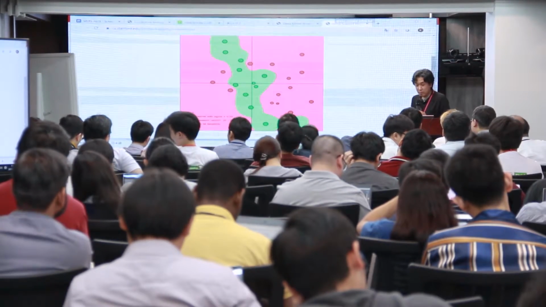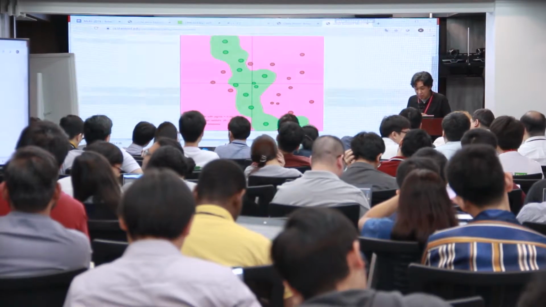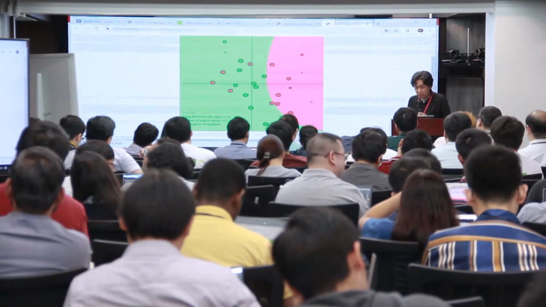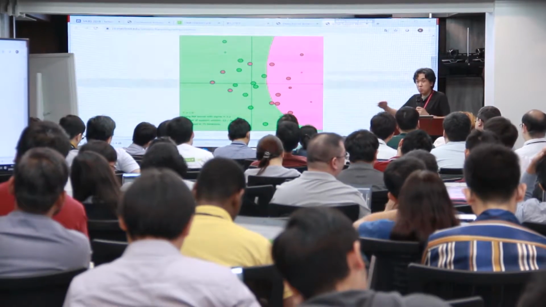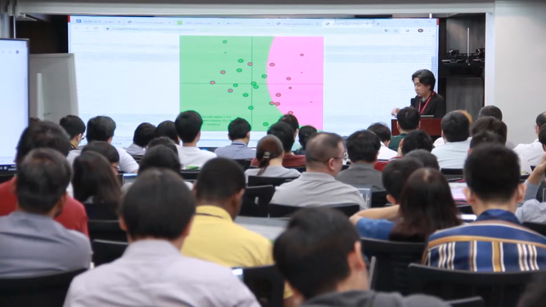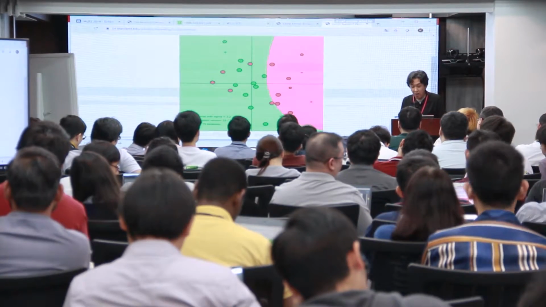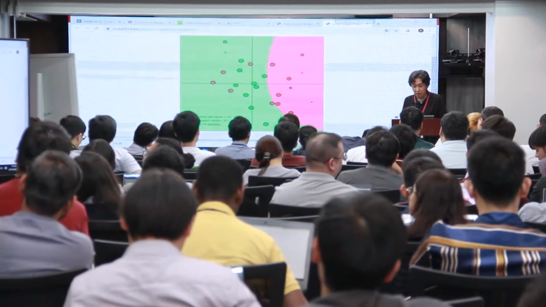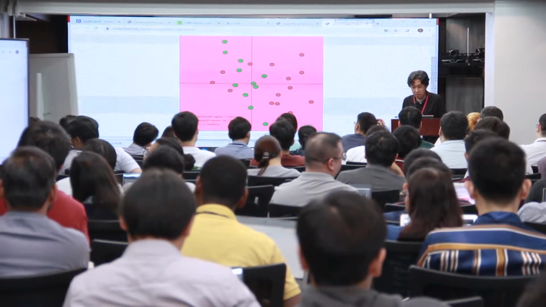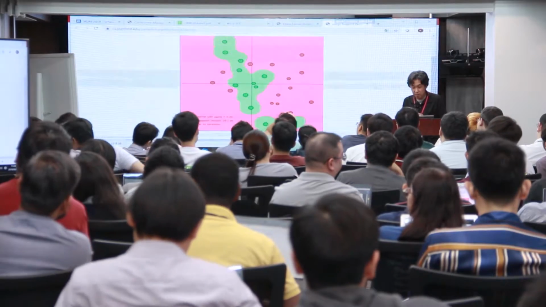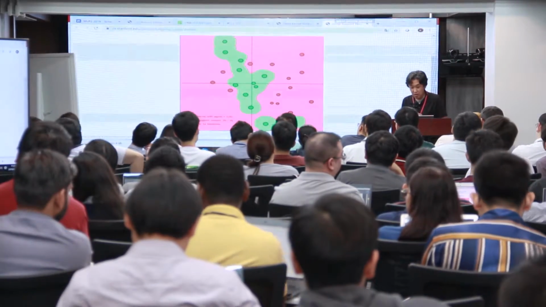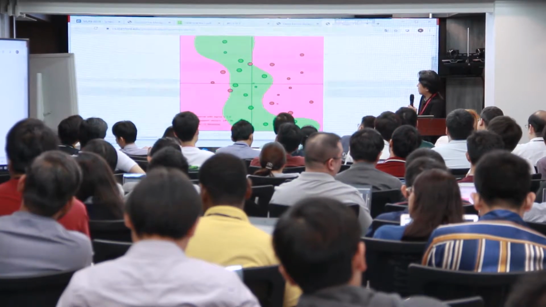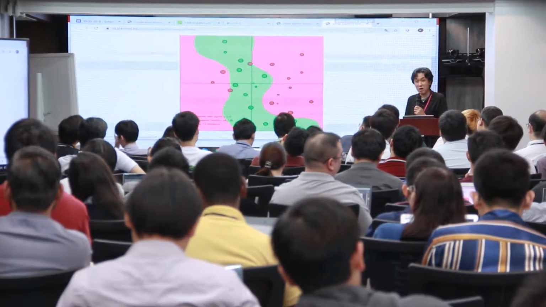For example, we have two classes like this, and if we control the bandwidth parameter and have a very smooth function, we have this type of classification boundary. If we have small bandwidths, which gives a very rough function, we have this type of classification boundary. If we have a smoother one, this may look like a reasonable classification boundary, right?